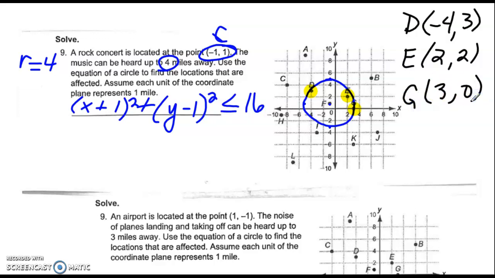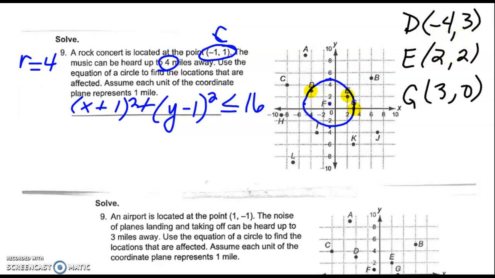Okay, so if these points are going to be affected, then when we plug those in for X and Y into our inequality, it will stay true. Meaning whatever we get over here will be either less than or equal to 16. So you're going to use this space to plug in these values to see if they are actually going to be affected by the noise.